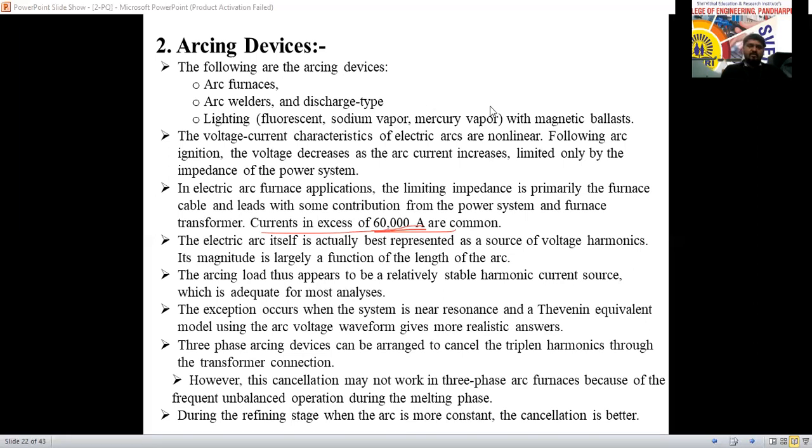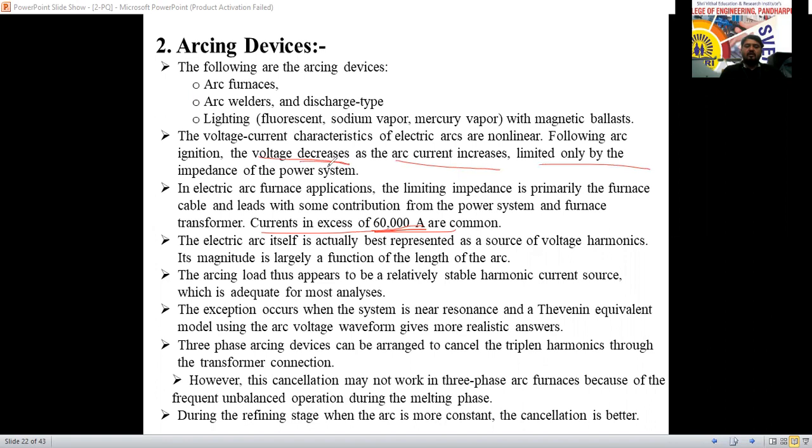Previously the voltage is more, but when we increase the current, on that condition the voltage will start to decrease. As the arc current increases, the voltage will decrease here.